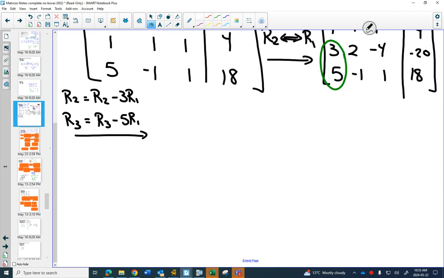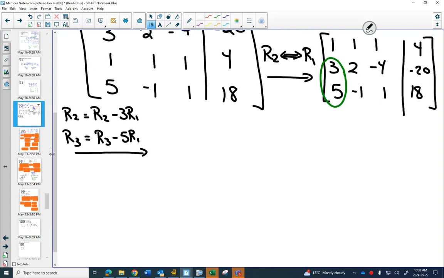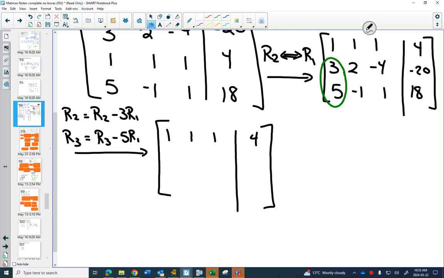So I write my big matrix, not changing row 1, so I rewrite it. I am changing row 2. I'm taking row 2, and I'm subtracting 3 row 1s. Success, that gives me a 0 here.